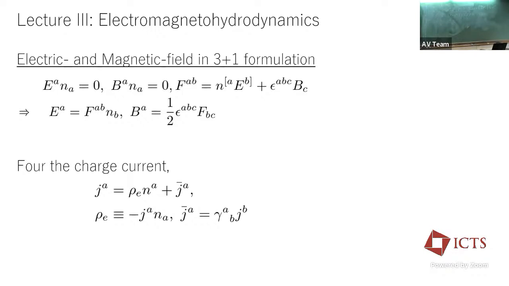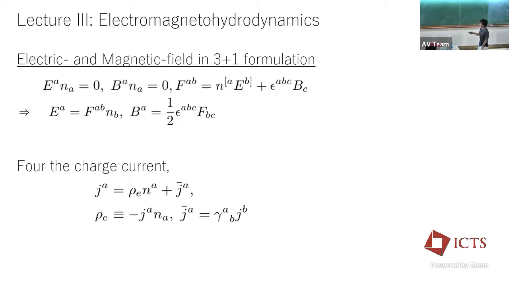Today, I will go one step further to the electromagnetic hydrodynamics. Okay, let's start by introducing the electric field and the magnetic field, which are projected on the hypersurface of the 3+1 decomposition. Because of this, E^a and B^a are vectors projected on the hypersurface, so if you contract with n_a, the normal vector in the 3+1 hypersurface, it should be 0.